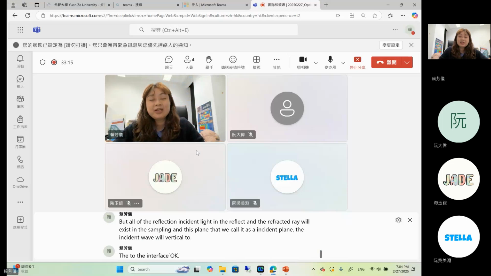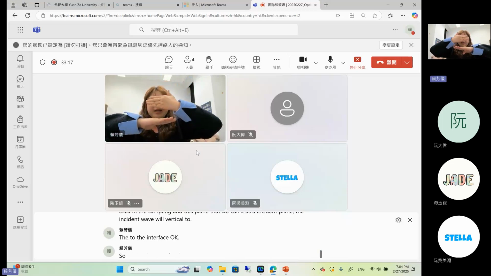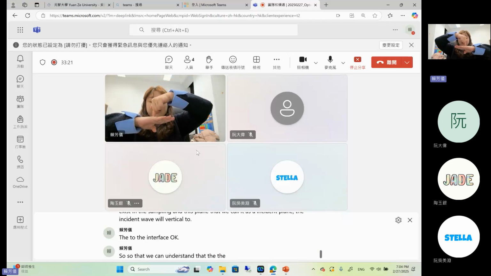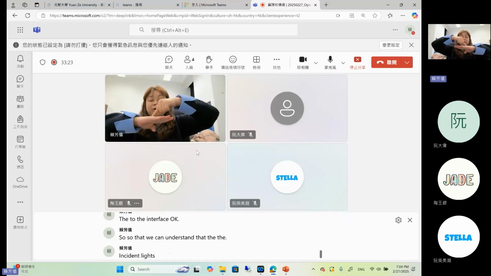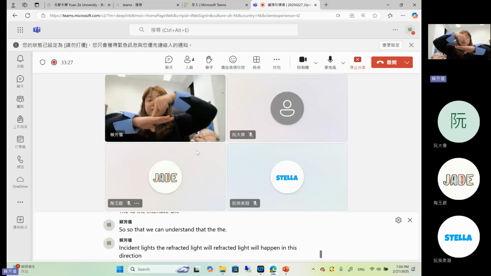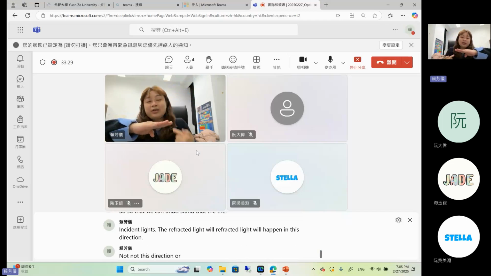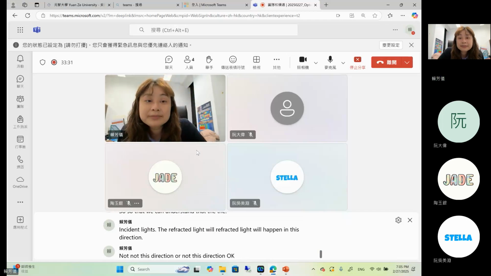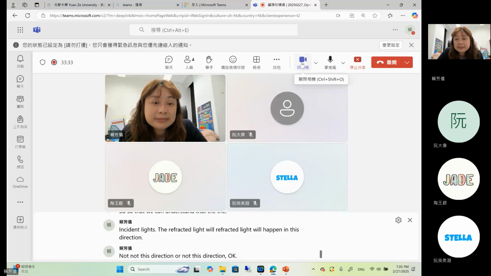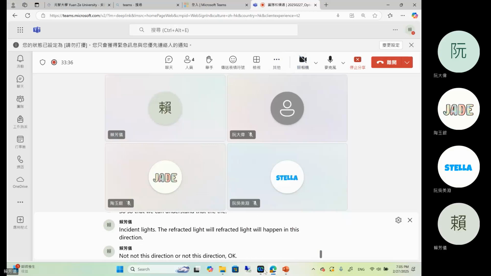So we can understand that the reflected light will happen in this direction, not this direction, or this direction. Okay. Is that okay?